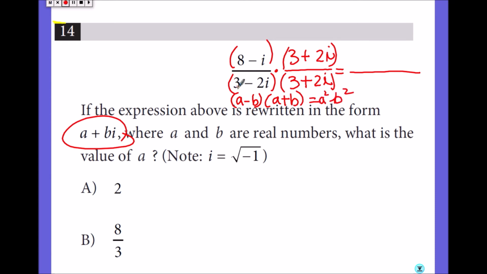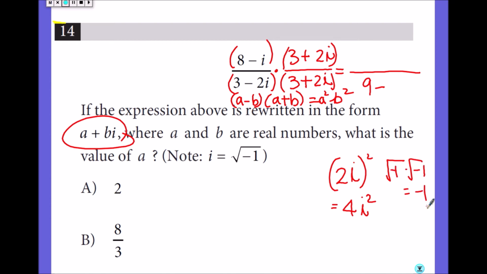So you get 3 squared, 9, and it's negative 2i and plus 2i, so it's minus 2i squared. So it becomes 4i squared. And what is i squared? It's the square root of negative 1 times the square root of negative 1, which is negative 1. So 4 times negative 1 is negative 4. So it's minus negative 4.